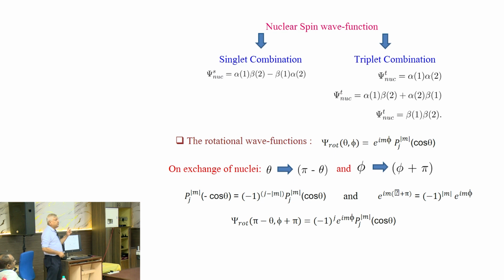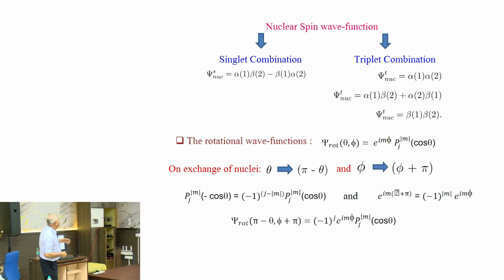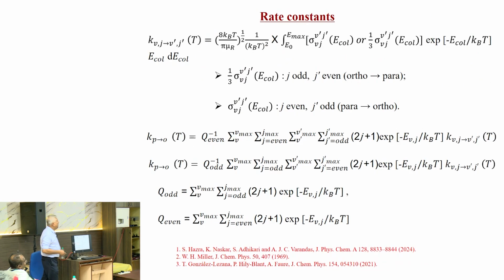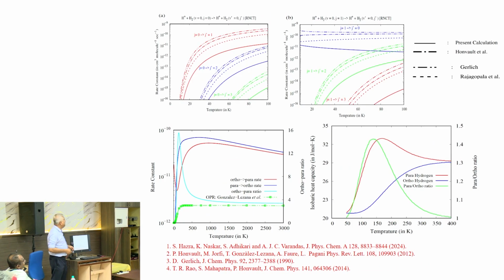So j equal to 0 can be ortho or para. That name I always forget. This is anti-parallel, so this can be considered, and when j is equal to 1, 3, and so on. That's how it progresses, and this is the detailed working equation.